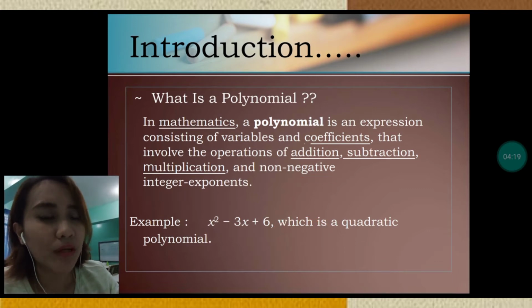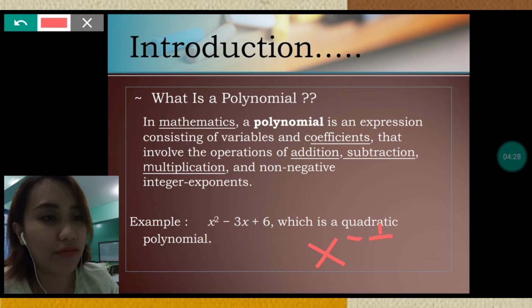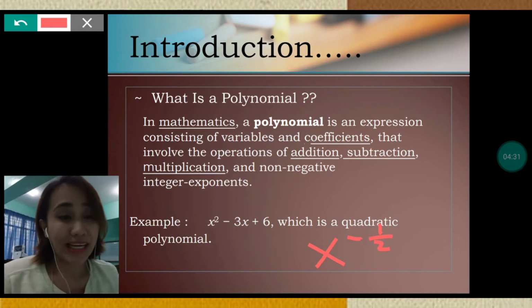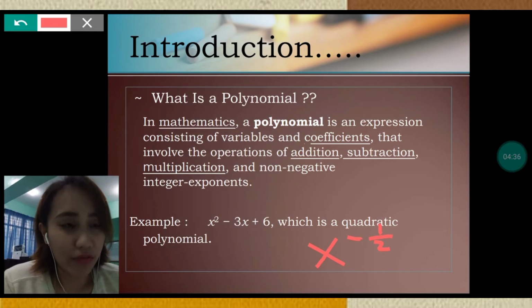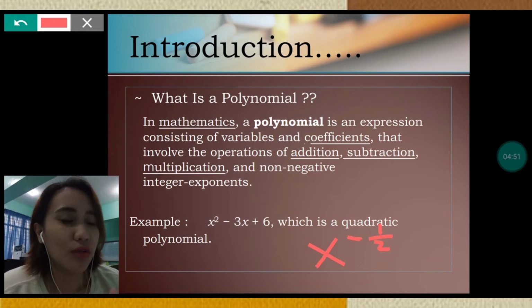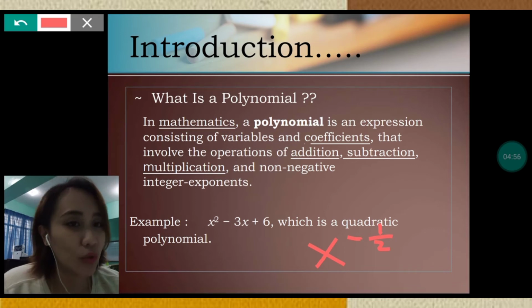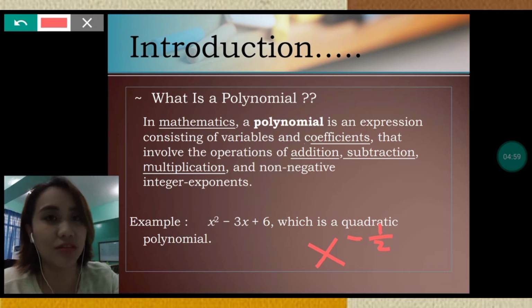Also, if for example you have x to the power of negative 1/2, our exponent there is negative 1/2, and negative 1/2, or even if we only have 1/2, is not an integer since it is a rational number. So therefore, it will not satisfy the definition for polynomials that it should have non-negative integer exponents. Okay, so reminder, if we're talking about polynomials, the exponents should always be non-negative integers.